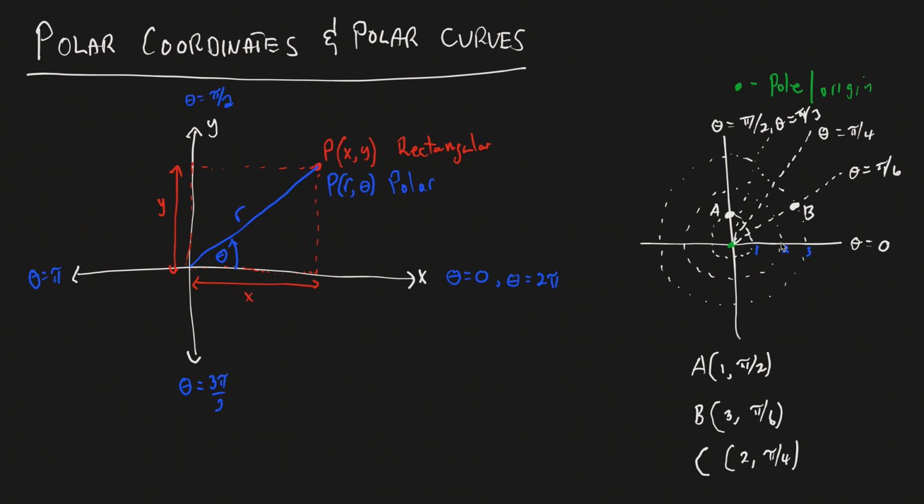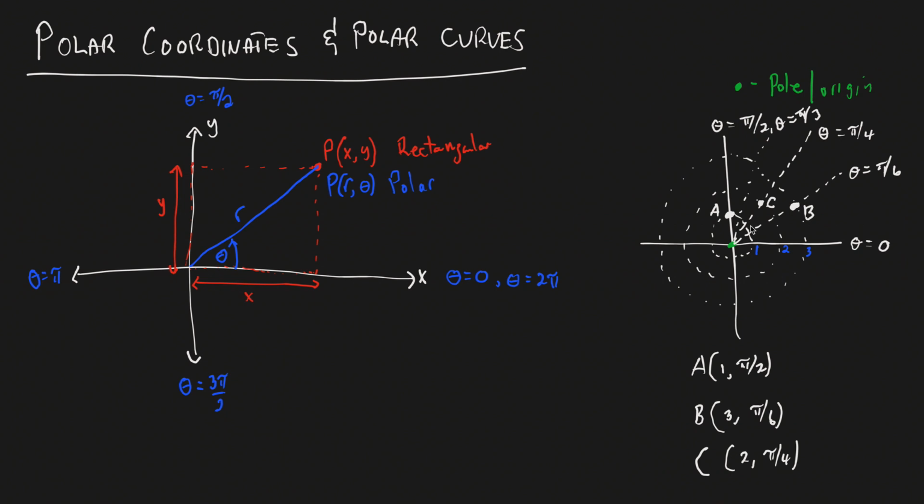If I start at 0 and rotate counterclockwise through pi over 4, that will take me right here, and that's our point C. So yeah, that's the polar coordinate system. Again, a very basic intro.